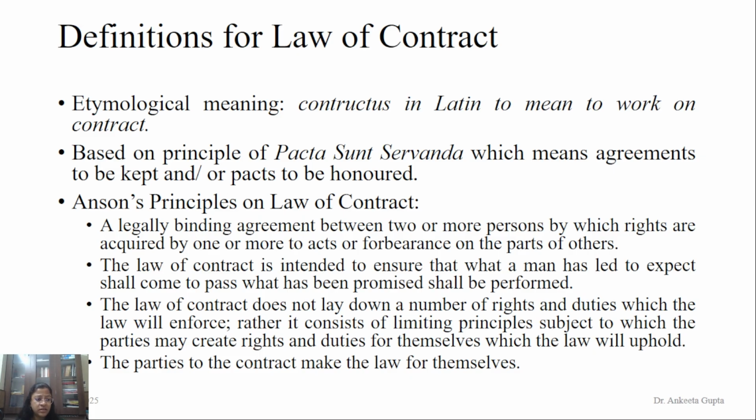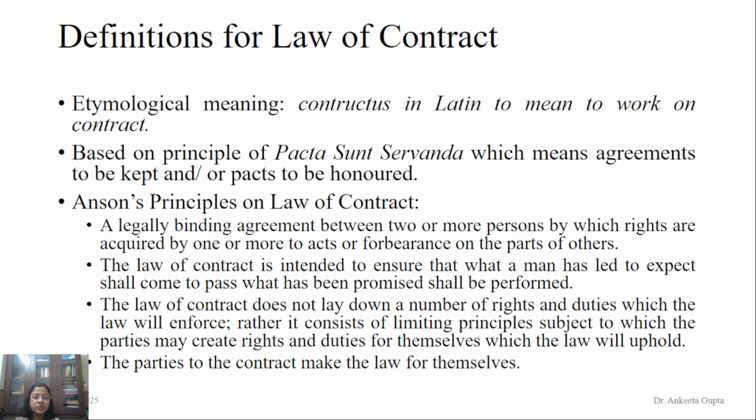If I have led you to believe that I am going to protect your ships, or at least not attack them, that is an agreement that I must adhere to. The law of contract does not lay down the rights and duties, but it consists of limiting principles subject to which the parties may create rights and duties for themselves, which the law will uphold.